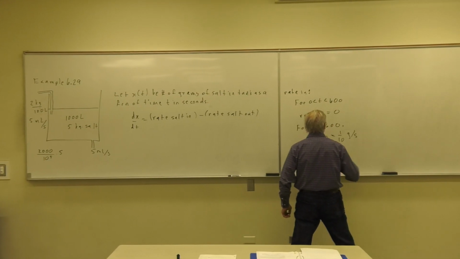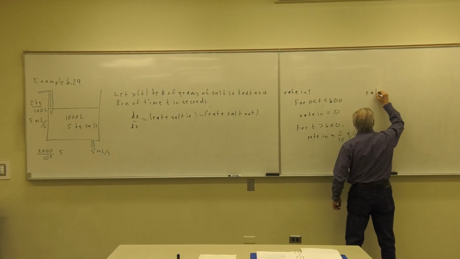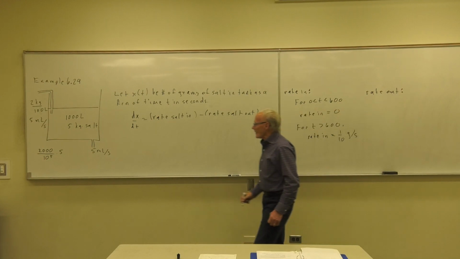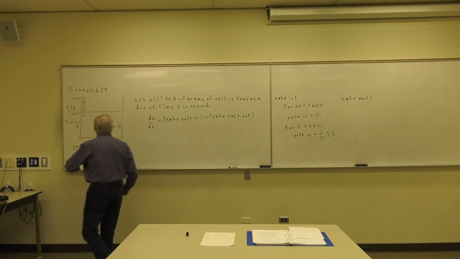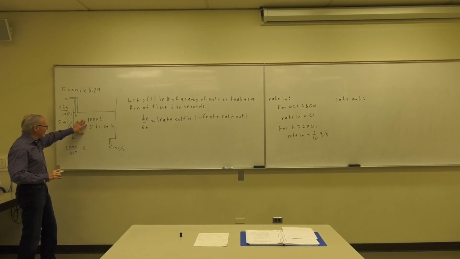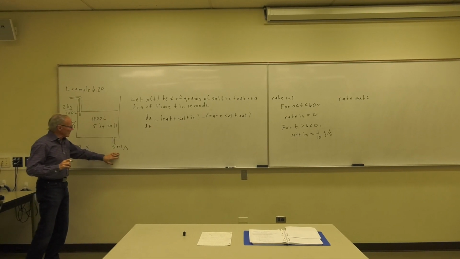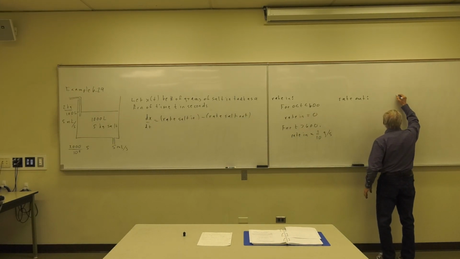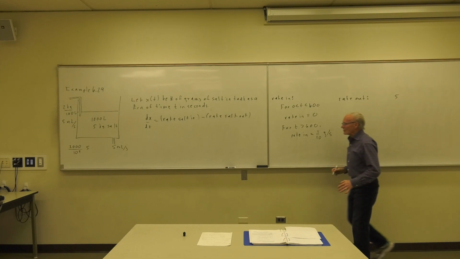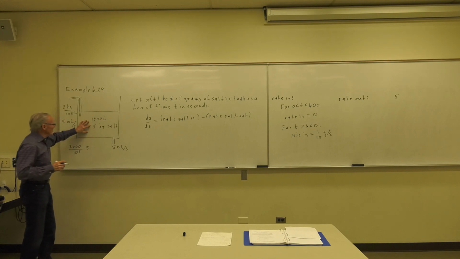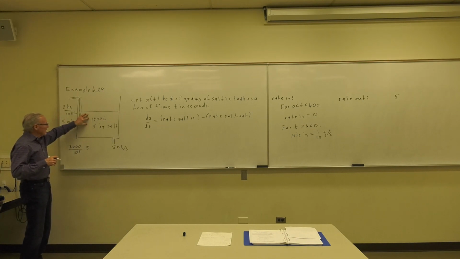All right. Now let's talk rate out. Same idea. What we need is the concentration of salt in here multiplied by the volume rate out, which is 5. We need the concentration of salt in here, which is how much salt divided by the volume. How much salt is in here?